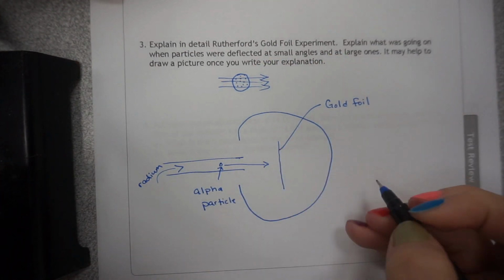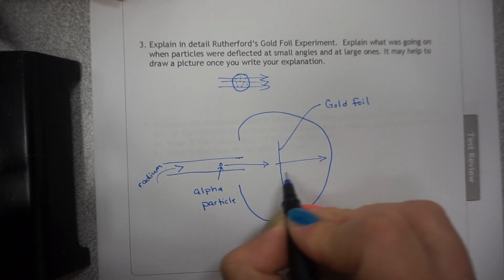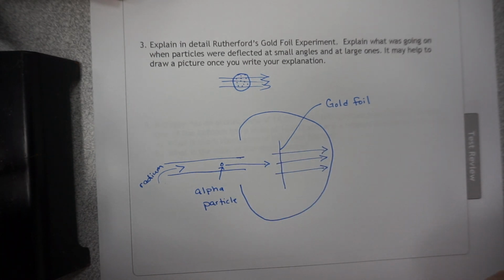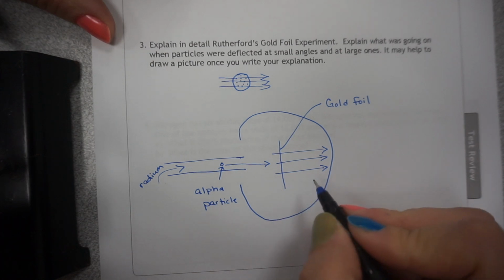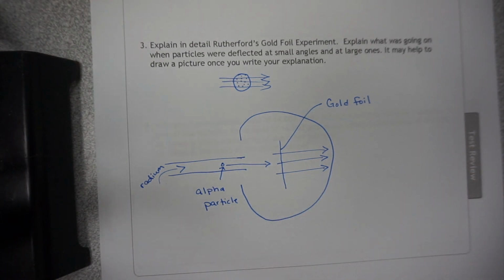So he did this experiment, and he noticed that some alpha particles went straight through. Actually, most alpha particles went straight through just fine. We learned that it wasn't actually him, it was his guys doing the experiment, but still.